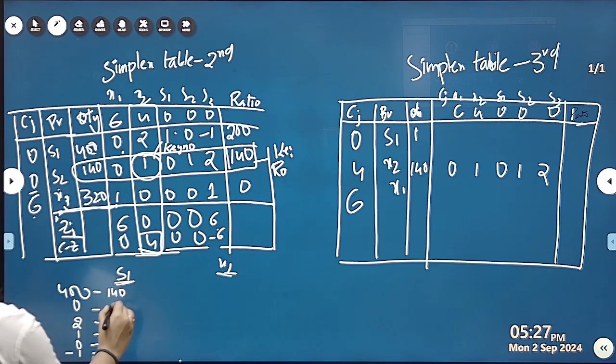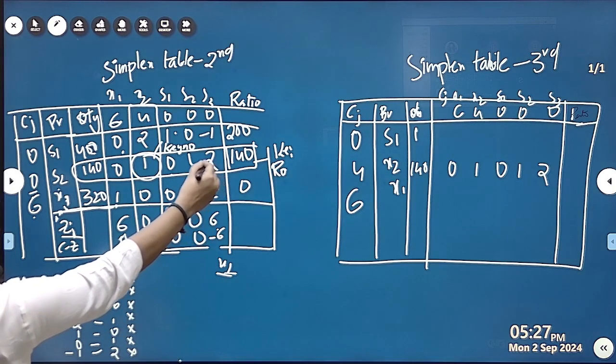मैम, मैम S2 रो में लास्ट वाला 2 -2 होगा ना. कहाँ S2 रो में, हाँ, लास्ट वाला 2 जो है -2 होगा. This one -2. Yes ma'am. अच्छा ओके.